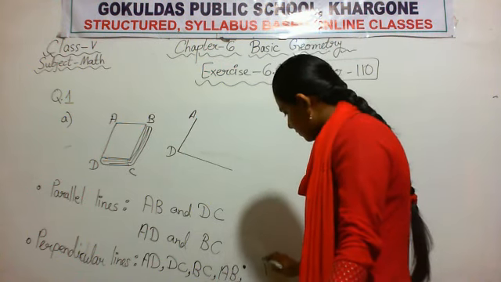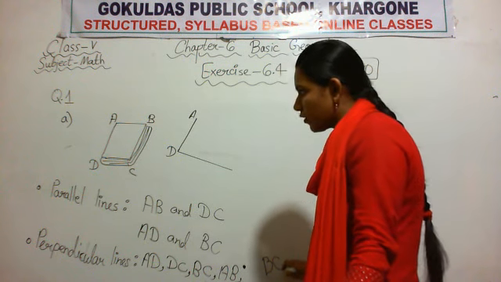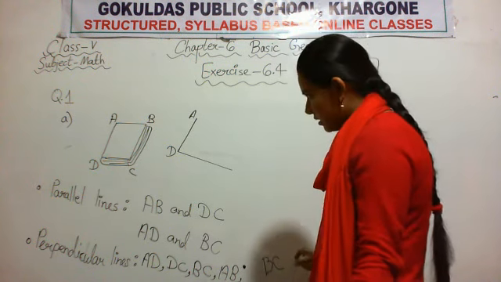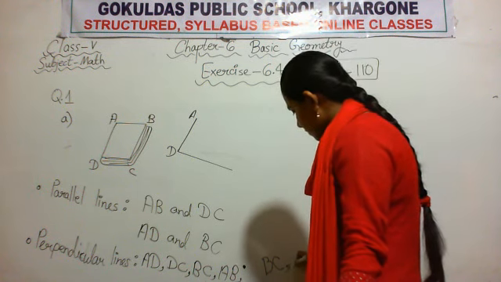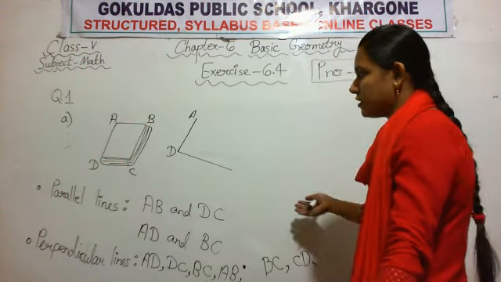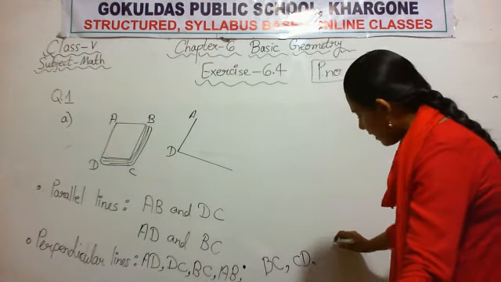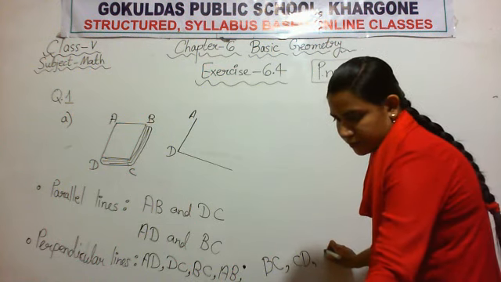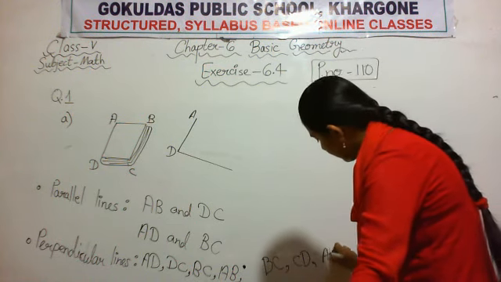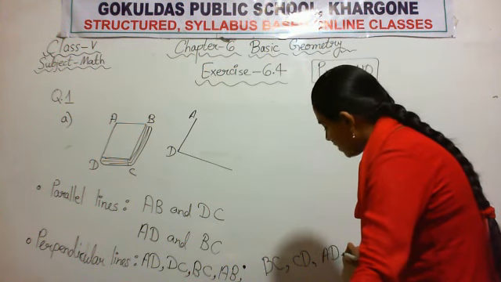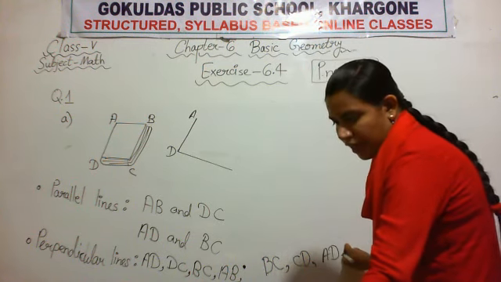BC is perpendicular on DC, CD is perpendicular on BC, and AD is perpendicular on DC.